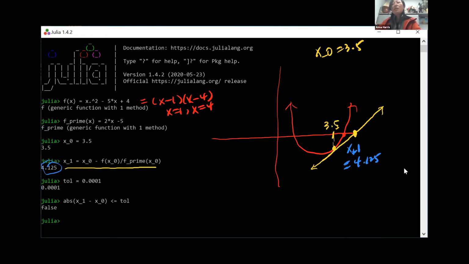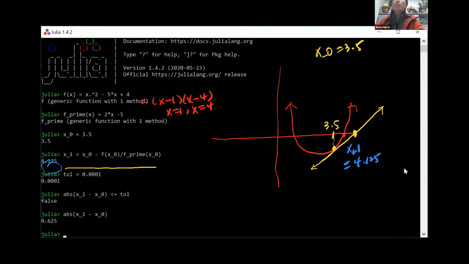That means my tolerance is smaller than the difference between those two numbers. The difference is 0.625. Of course, 0.625 is bigger than 0.0001, so I need to keep doing my iteration. So you're going to come back here.